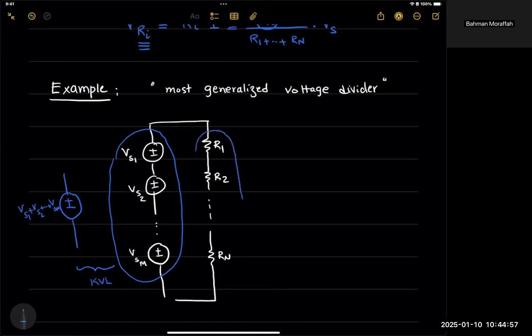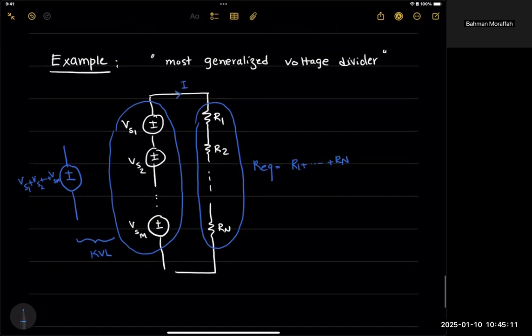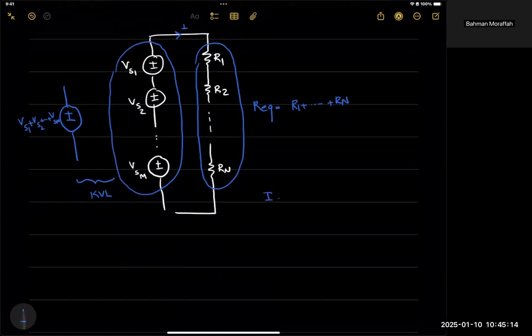We can replace the resistors by the equivalent, which is going to be R1 all the way to Rn. Therefore, we can find this I just by using Ohm's law. We know I is V equivalent over R equivalent, which is going to be Vs1 all the way to Vsm divided by R1 all the way to Rn.